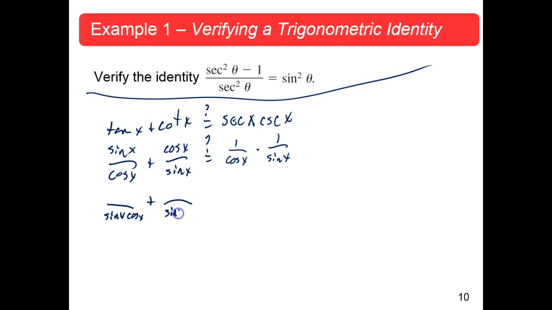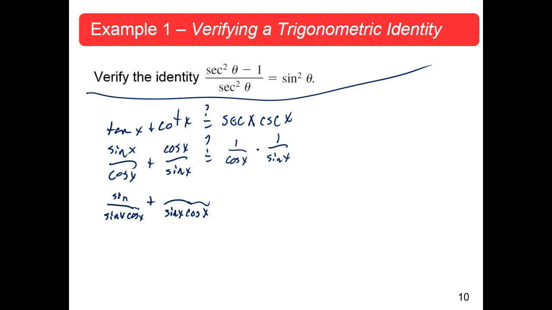Sine x times cosine x, because sine will go into both of those, cosine will go into both of those. Now you started out with a cosine in the denominator. What did you do here to get a sine? Multiply. So you've got to multiply on top to get that too. Sine times sine would be... Okay, how you went from cosine to sine times cosine, you multiply by sine.